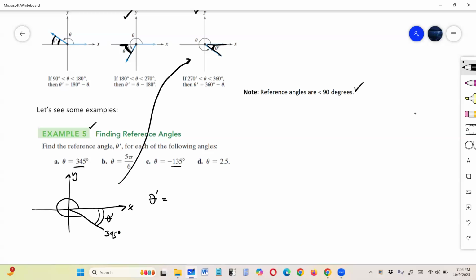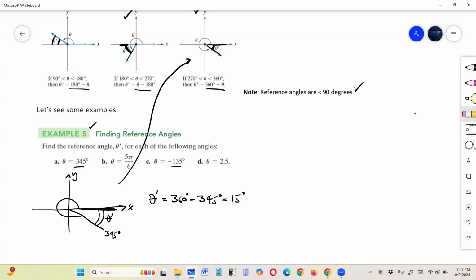So theta prime would be the angle formed with the x-axis, 360 minus 345, or 15 degrees. Just keep in mind, the reference angle is always positive.